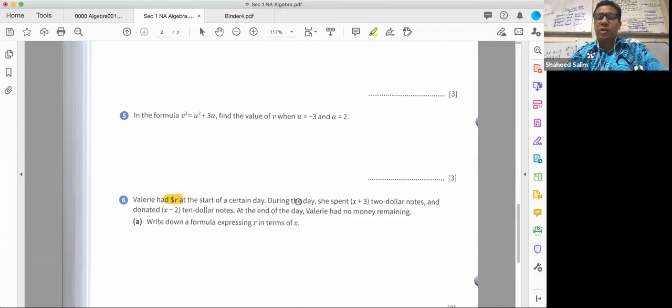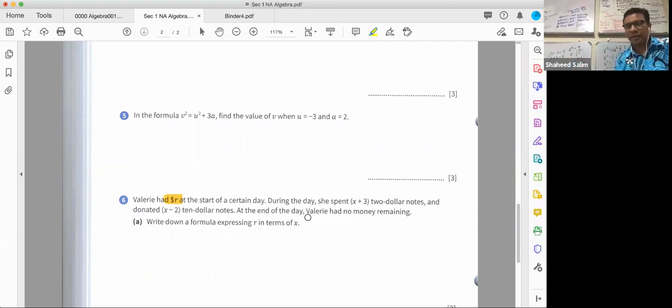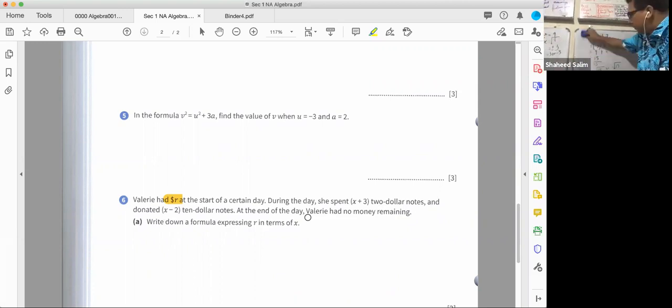During the day, she spent x plus 3 $2 notes, and donated x minus 2 $10 notes. So now this part is the difficulty. I'm going to write down the sentence on the board so that you can break it down and understand better.